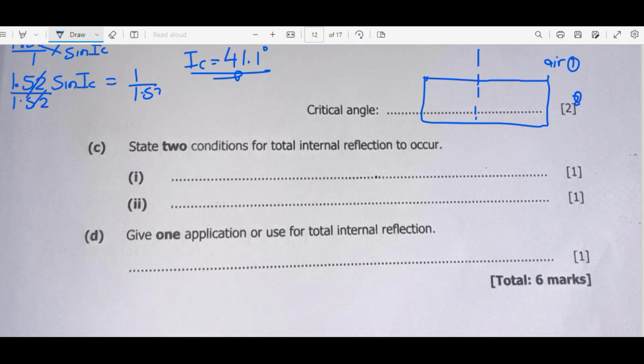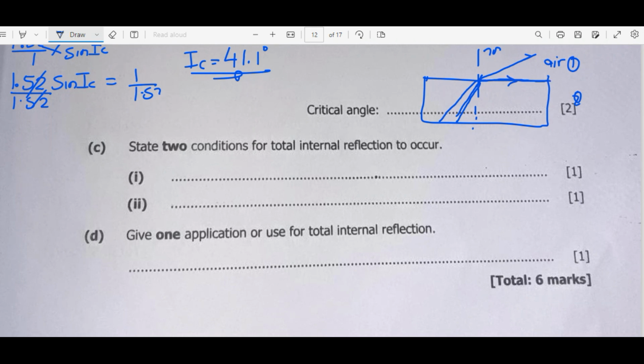What happens when light is moving from a denser medium into a less dense medium? In terms of the bending, we are expecting to have refraction away from the normal. So if this is our normal ray, then the bending will be away from the normal. Then if we move this incident ray to a certain position like this one, we are going to have the critical angle.